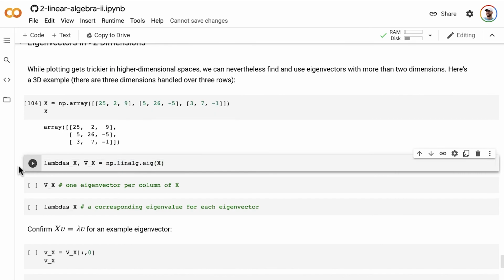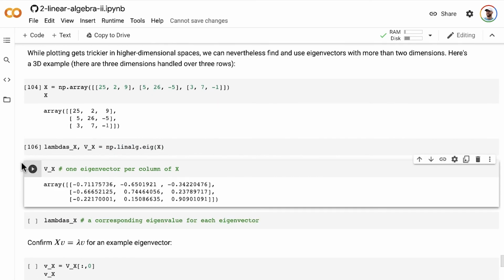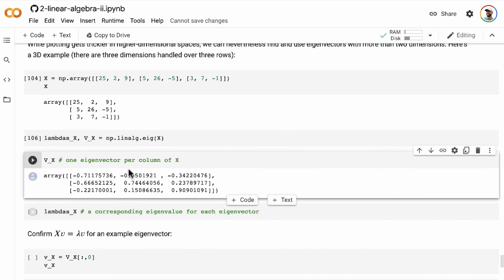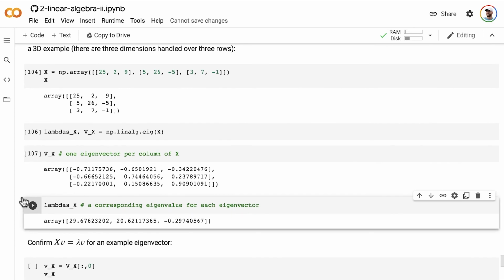And let's see what we get here. We have, of course, as I just said, 3 eigenvectors, 1 per column of X. And we have a corresponding eigenvalue for each eigenvector. So first eigenvector, first eigenvalue. Second eigenvector, second eigenvalue. Third eigenvector, third eigenvalue.